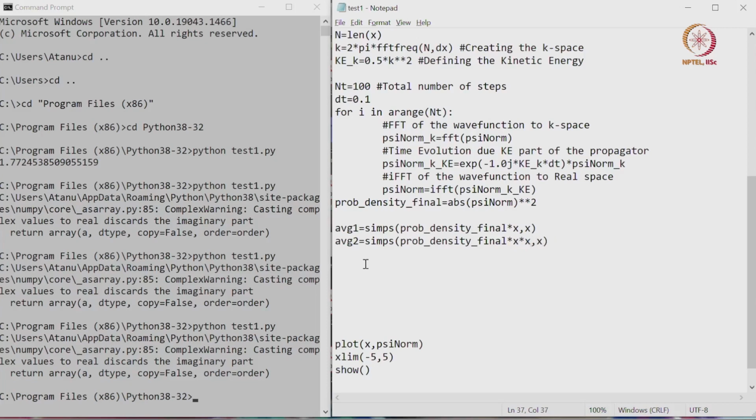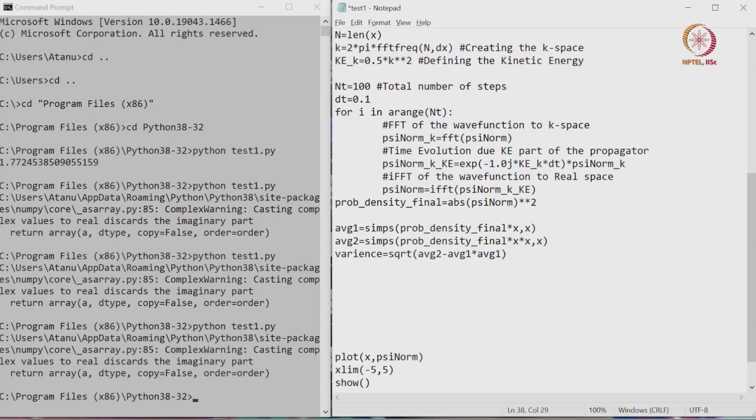So, x square will be multiplied by the probability density and then we integrate over x, and the variance would be defined by the square root of AVG2 minus AVG1 multiplied by AVG1.